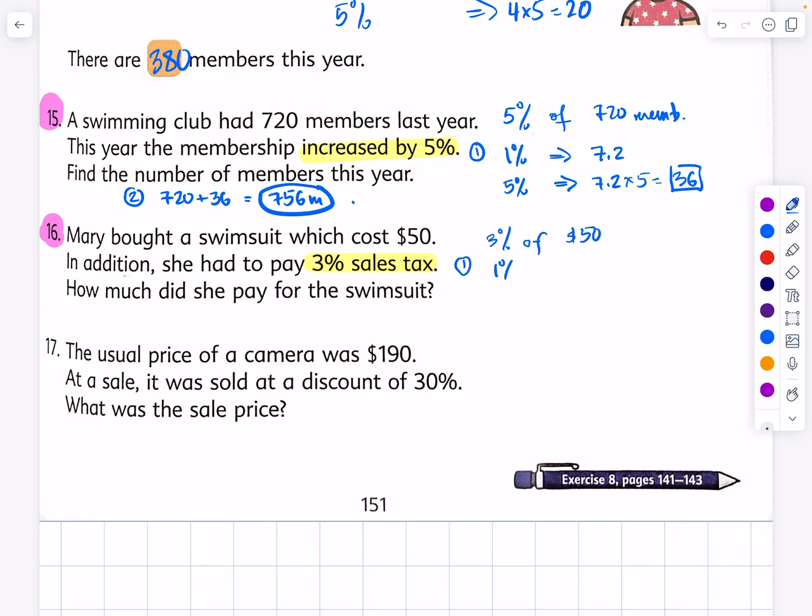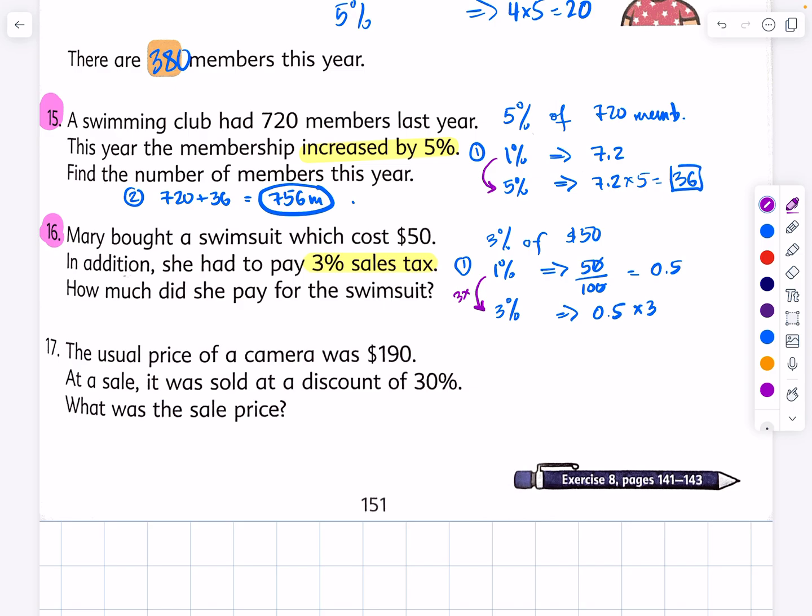Let's find 1% of $50. And 1% is 50 divided by 100, and it is 0.5 or 50 cents. Therefore, 3% would be 0.5 times 3, tripled. Remember, from 1%, we can triple our quantity to 3%.